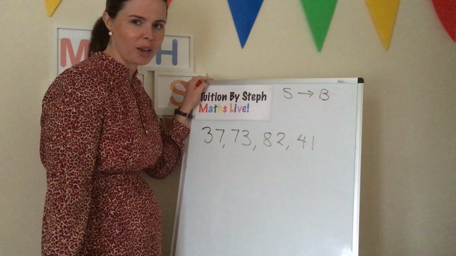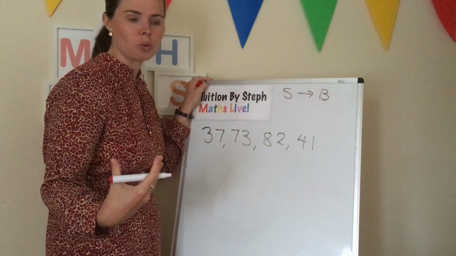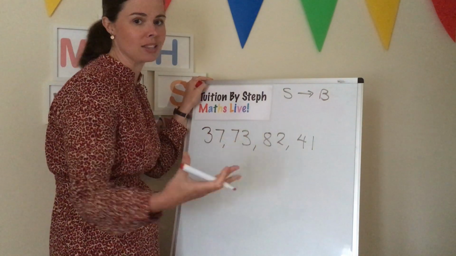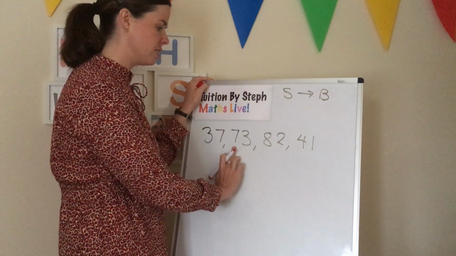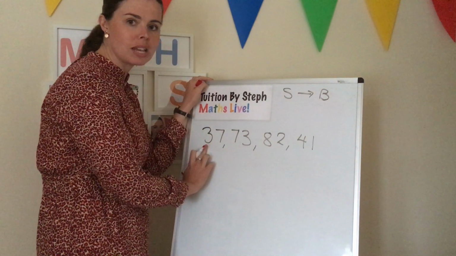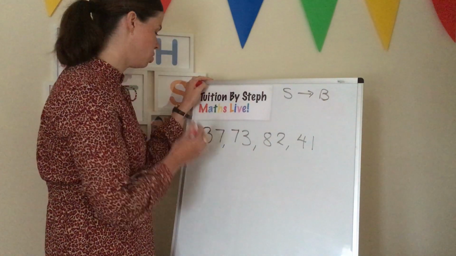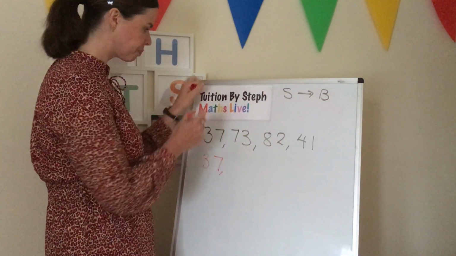But how did you know? You knew probably because of good practice and knowing your tens and units. But it's 3 tens compared to 7 tens, 8 tens and 4 tens. So you know that you need to look at the tens first in order to compare. So indeed, 37 is the first one.